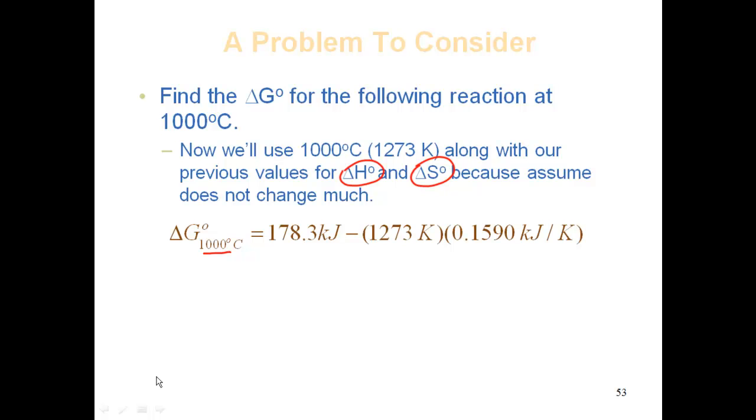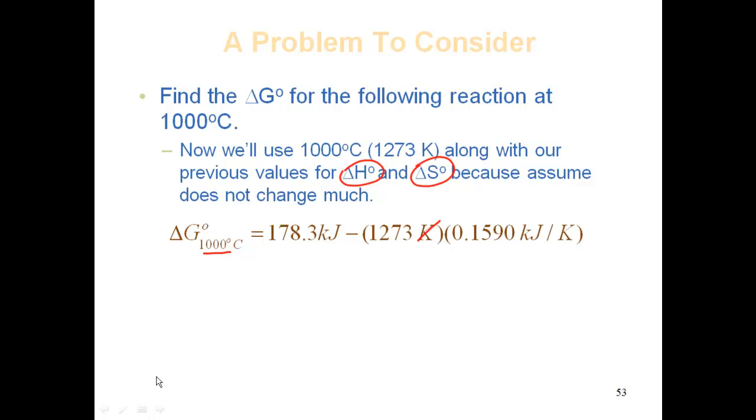My delta Hf is 178.3 kilojoules, the same delta H I used at 25 degrees C. Minus, now I'm at 1,000 degrees C, so I put in my Kelvin temperature as 1273 Kelvin times 0.1590 kilojoules per Kelvin. This is the same delta S we used at 25 degrees C.